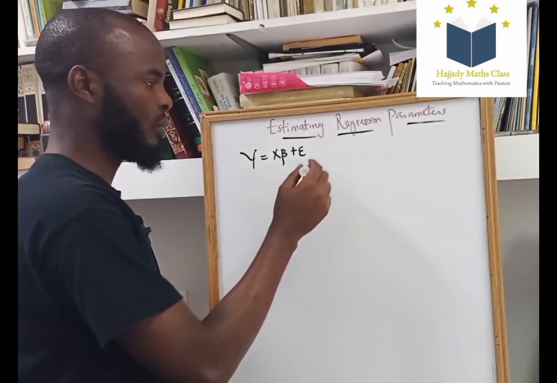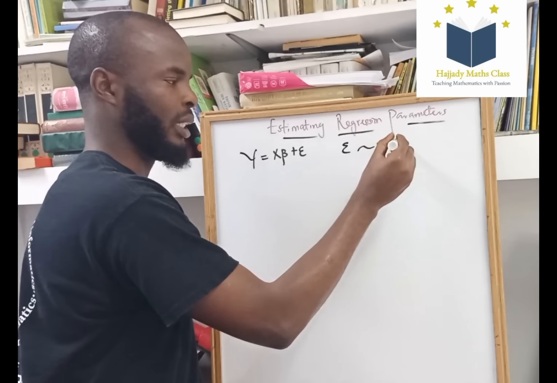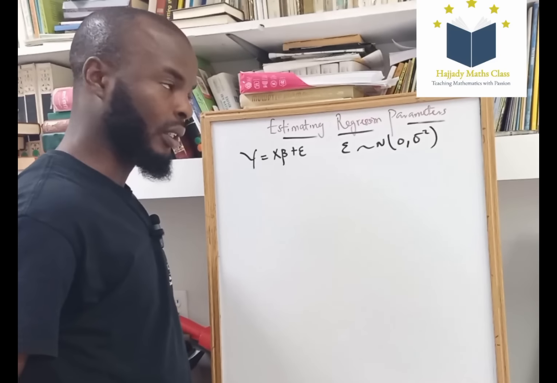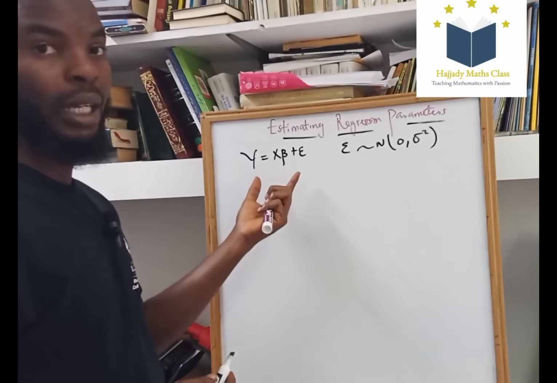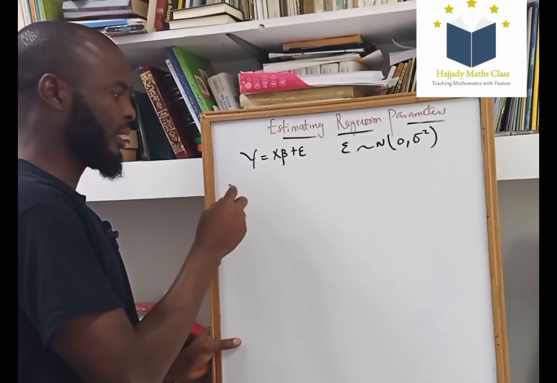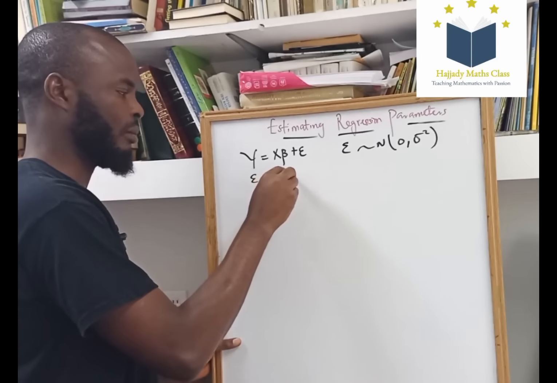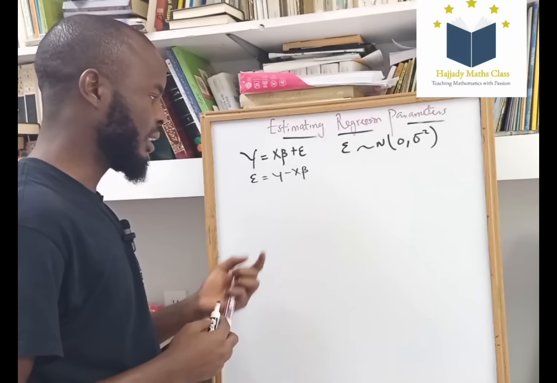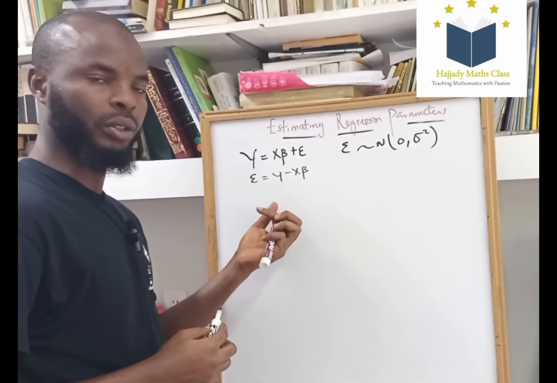So before we proceed, don't forget that our epsilon is normally distributed with mean 0 and variance sigma squared. So we can also estimate that. But this is our area of concentration. So rewriting this given equation, we can rewrite our epsilon to be equal to y minus xb. That is, we're looking at the deviation of the observation from the mean.